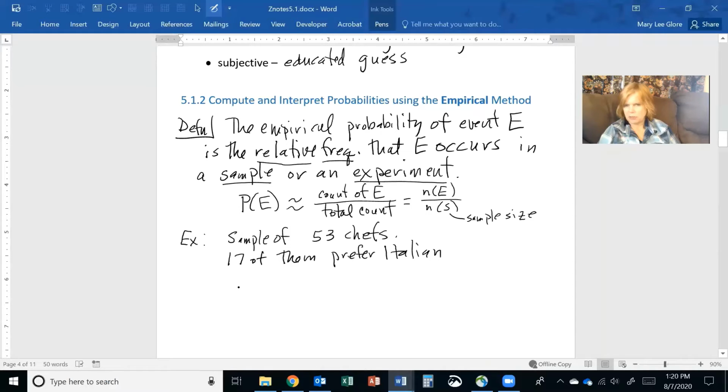So then I would say the probability that a chef prefers Italian food is approximately equal to 17 over 53, and this is 0.3321. All right, so about 32% of chefs prefer Italian to other genres of food.